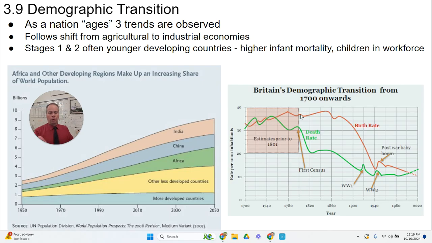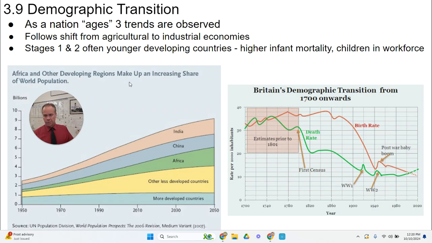Different countries can go through this transition at different rates. China went through the demographic transition very quickly. Other countries may take much longer. Sometimes a country can get stuck at one stage for a period of time. But overall, this pattern has been shown to hold up.